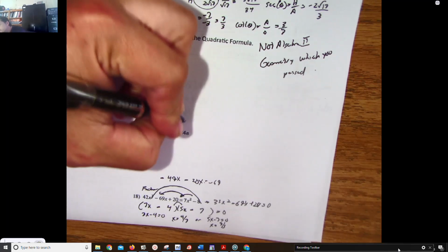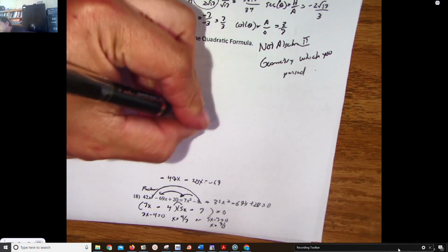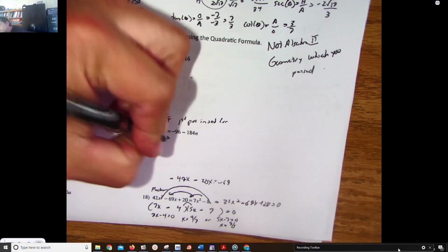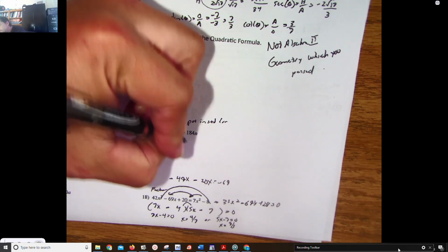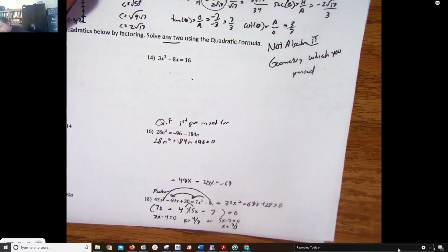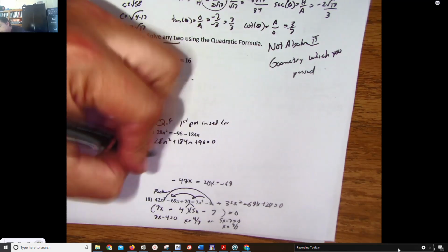First, you put it in STD form. And that would become 28n squared plus 184n plus 96 is equal to 0. And I can make the numbers quite a bit smaller, I think. I can pull at least a 4.